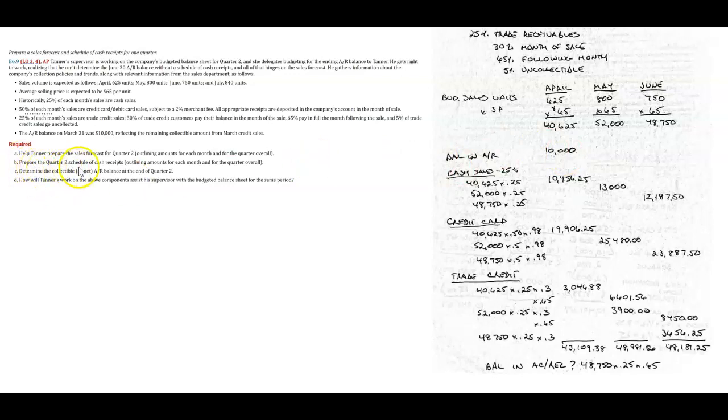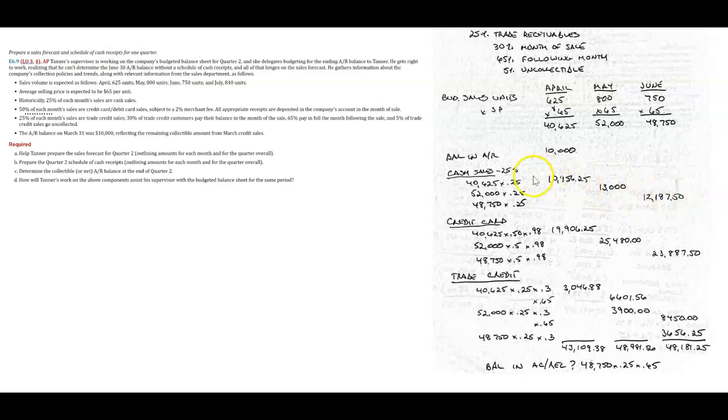Prepare the second quarter schedule of cash receipts, outlining amounts for each month and for the quarter overall. So I've got my same columns here for April, May, and June. I don't have an overall column here, but that's okay, I'll put one up someplace. Cash sales are 25%. So I took the 46,250 times 25%, 52,000 times 25%, and 48,750 times 25%, and these are our results.